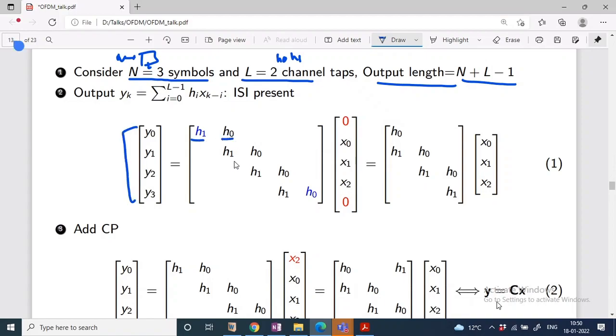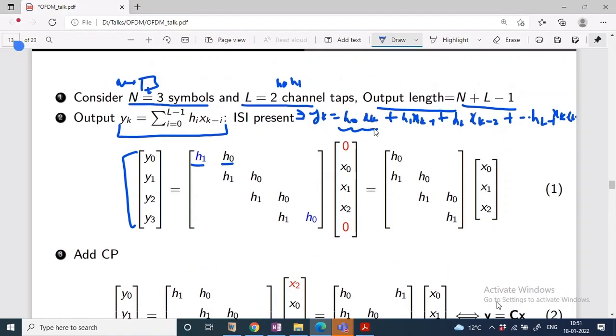So H1, H0. This is your equation on the output side. So y_k is equal to the sum over i equal to 0 to L minus 1, where L is the number of taps, of h_i x_(k minus i). So ISI is present. Why is ISI present? I can write it as y_k equal to h0 x_k plus h1 x_(k minus 1) plus h2 x_(k minus 2) plus up to h_(L minus 1) x_(k minus L plus 1).